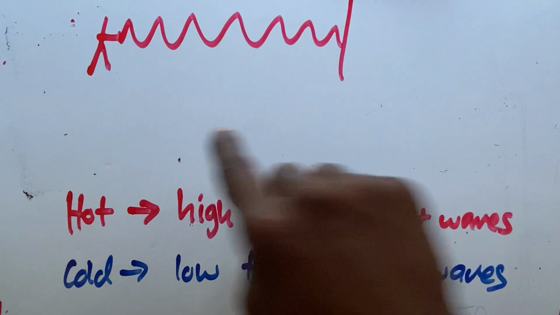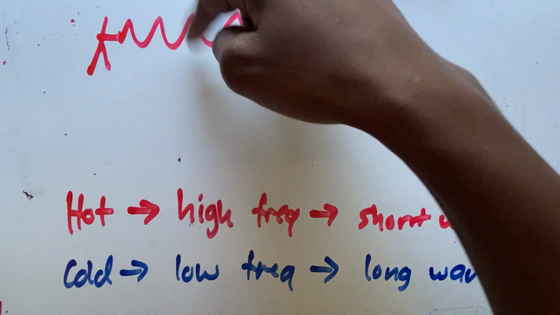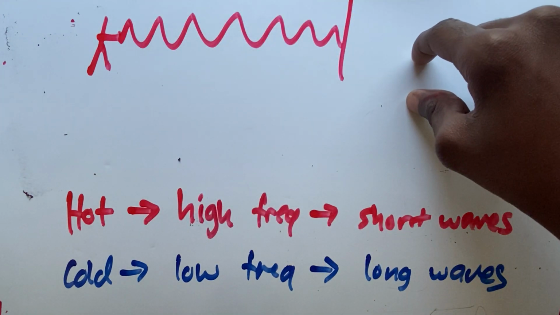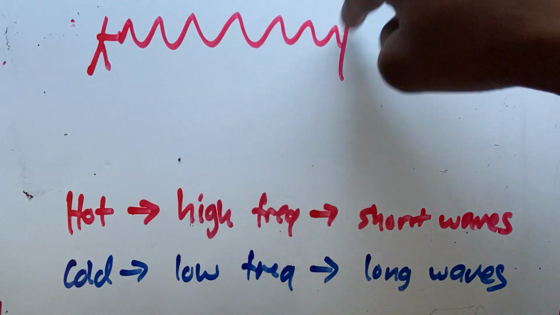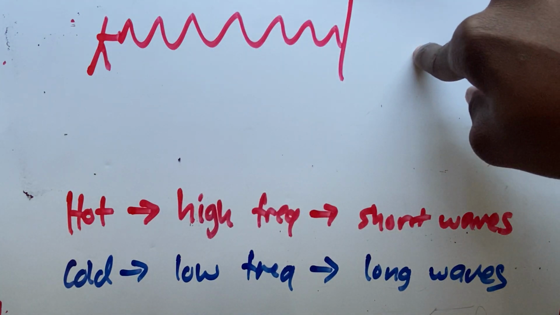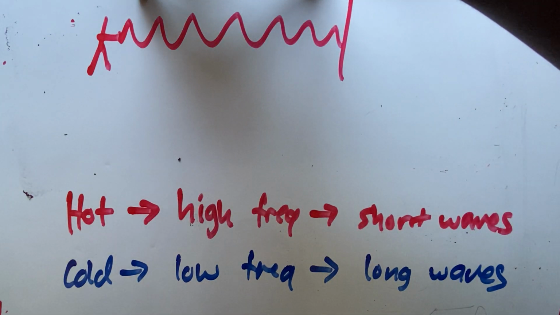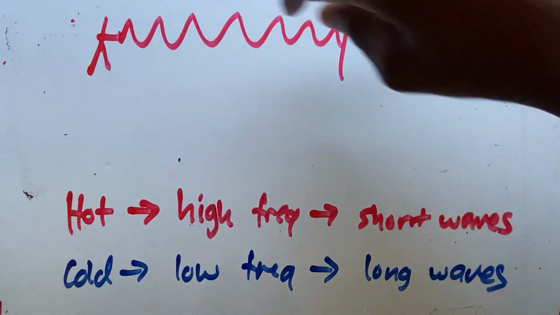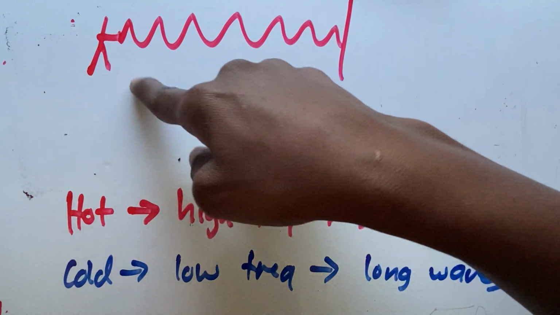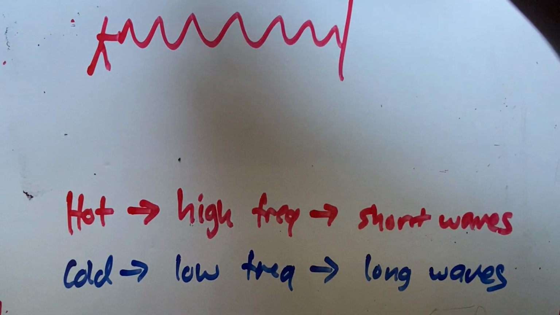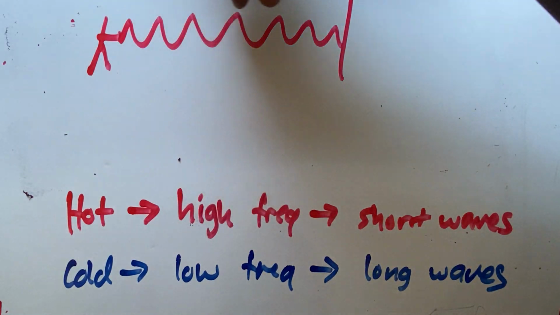So the faster she whips it, the higher the frequency. You can kind of see that because there's a lot of arcs going up and down, right? So this would be like for an object that's hot, and notice that the waves are shorter, right? Because the frequency is high. So the waves here are shorter.